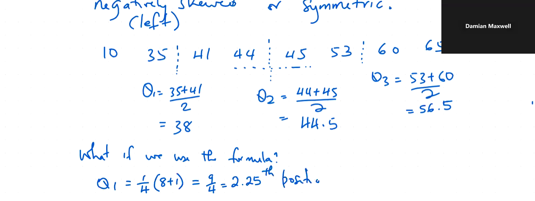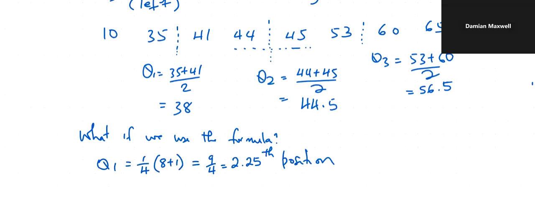Where would that position be? It's definitely not directly in between 35 and 41, because what they're saying is this is the second value, and then you want it a quarter of the way between 35 and 41. So it's not directly divided into 2, as we did in our first computation. What's the difference between 35 and 41? 41 minus 35 gives us 6.